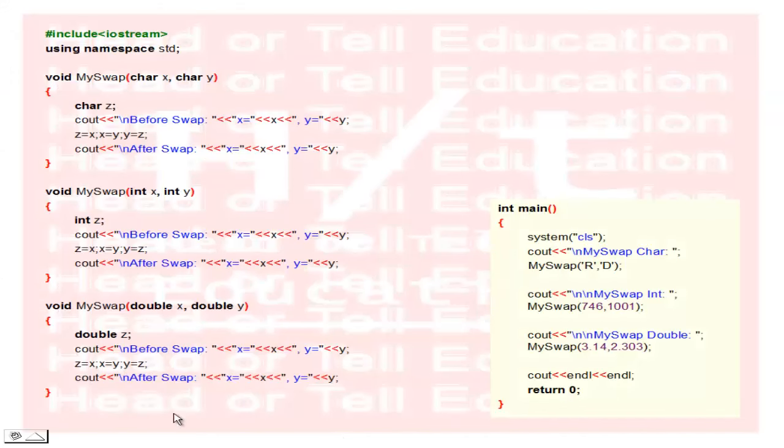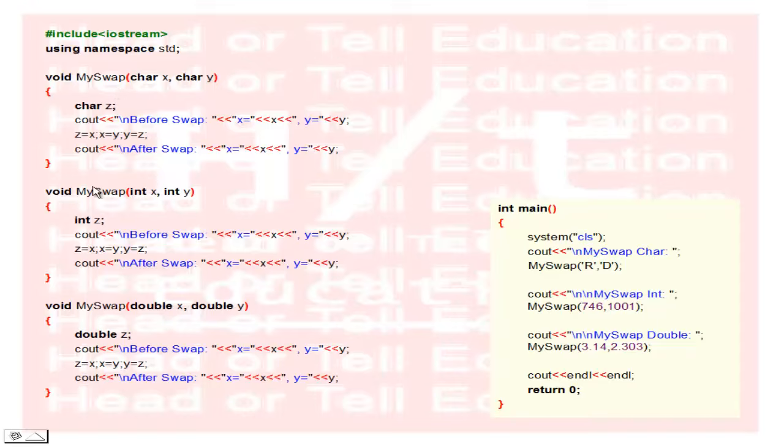Coming to our point, what is polymorphism? This is the next slide of the same program, but I have changed the names of all functions to the same name. I removed the last characters. The last function name was my swap char, so I removed char and the function name is swap.